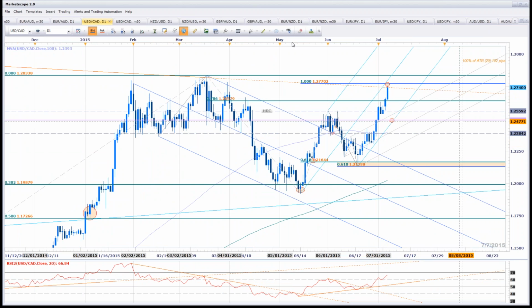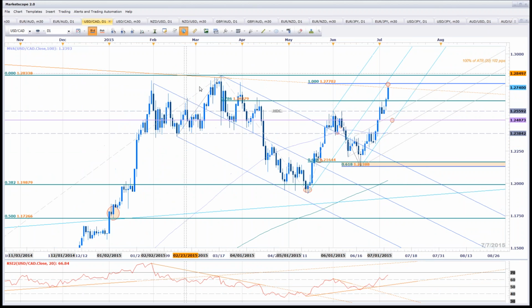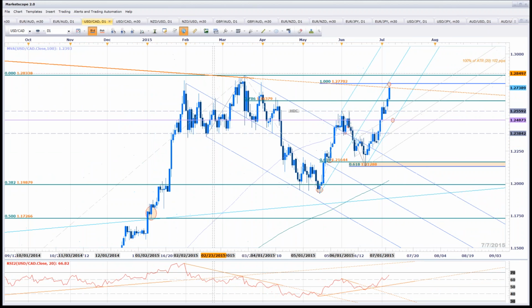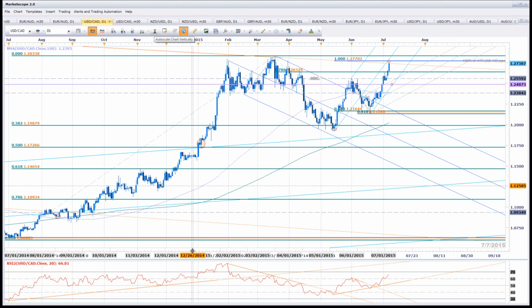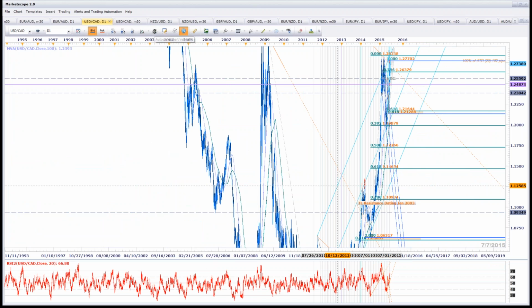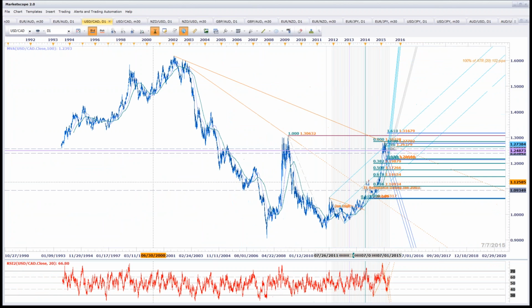Now, though, you're coming into a lot more significant area of resistance, and that's 127.70. Also defined by that long dated trend line dating back to the highs that we made in 2002.